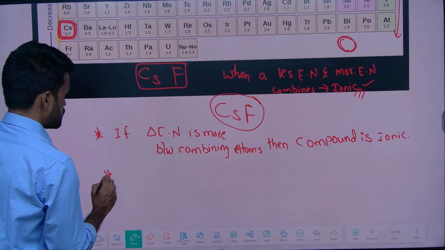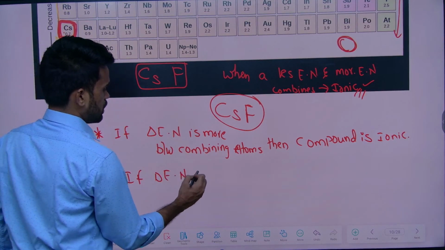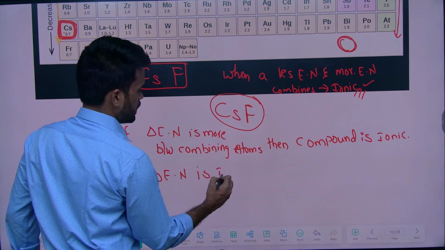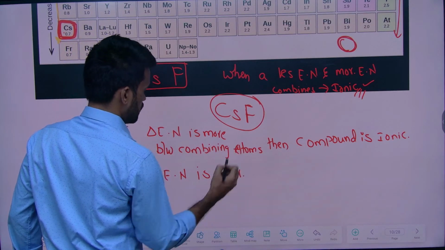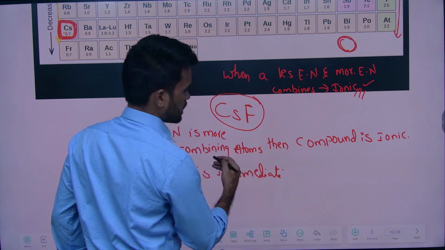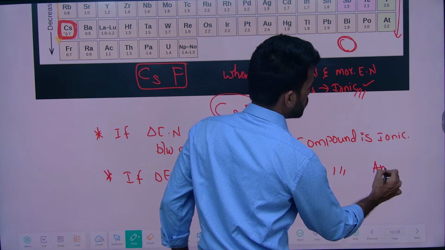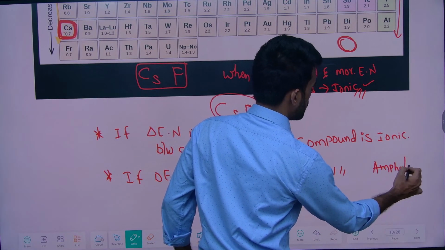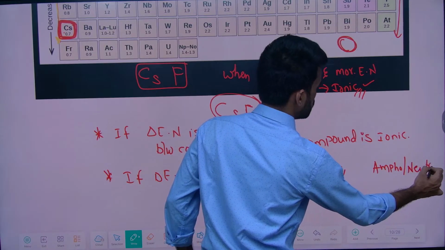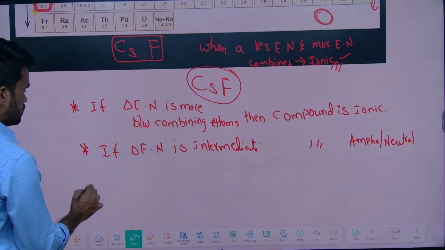Okay, and the next statement, if electronegativity difference is intermediate between the combining atoms, then the compound may be amphoteric or maybe sometimes neutral also. Next, one more thing here.